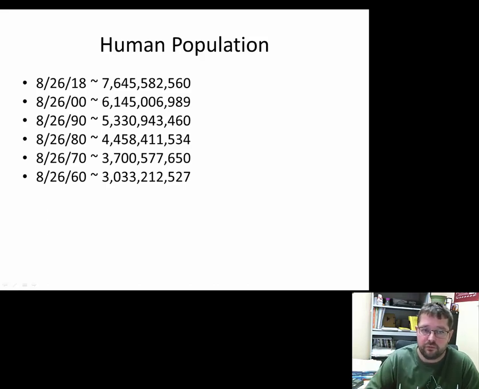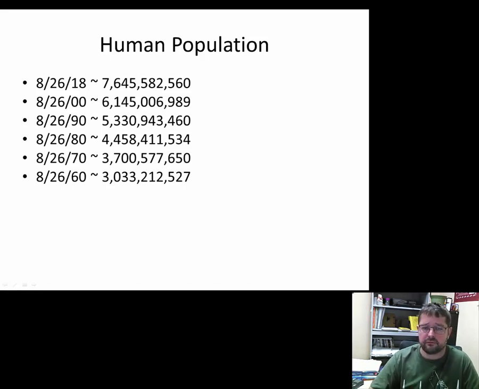Lots of you who might be 18 years old, your parents were born probably somewhere in the 70s or 60s, maybe into the 80s, but still, nonetheless, the world had half the population when your parents were born. And for some of the older students in the course, when we were born, maybe even closer to 2 billion people, maybe a quarter of the world's population that currently exists today.